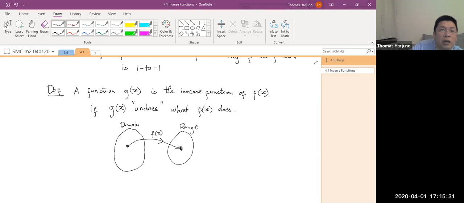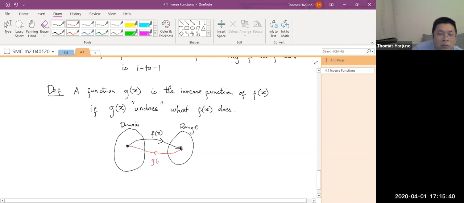Now g(x) will send that back. That's what we mean by inverse function.